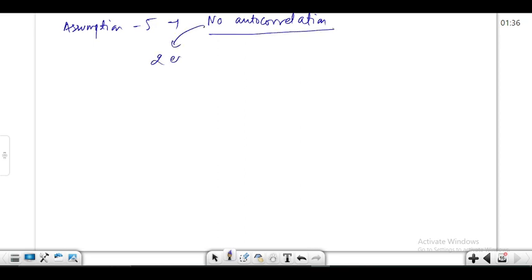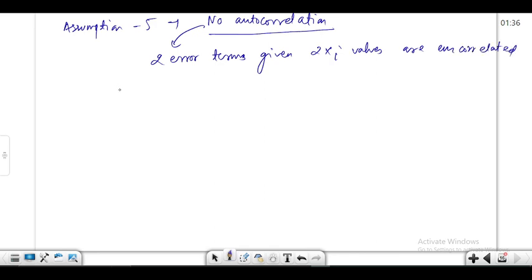So now we have assumption 5, which simply says no autocorrelation. It means that any two error terms, given xi values, are uncorrelated.